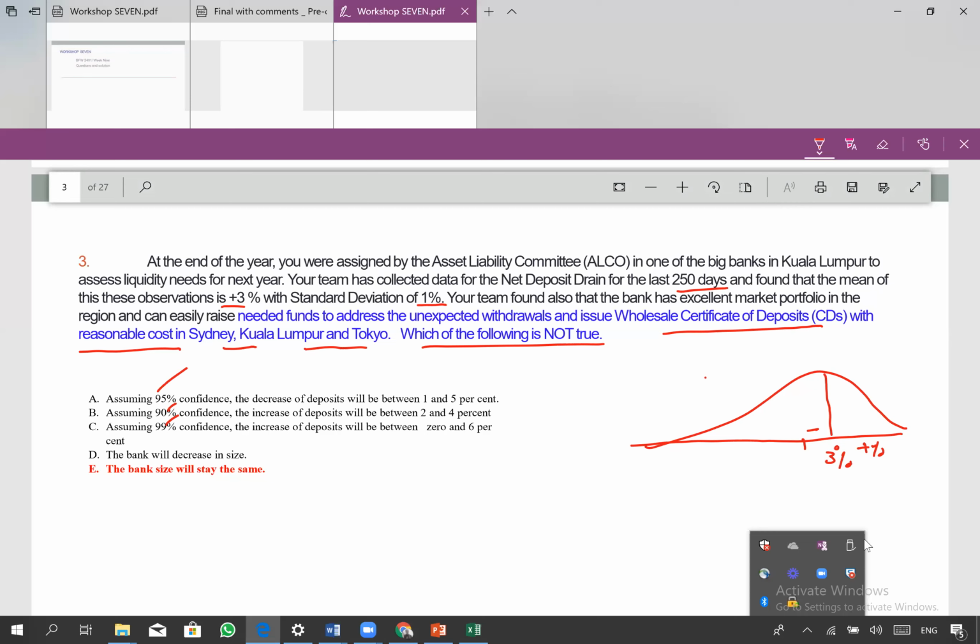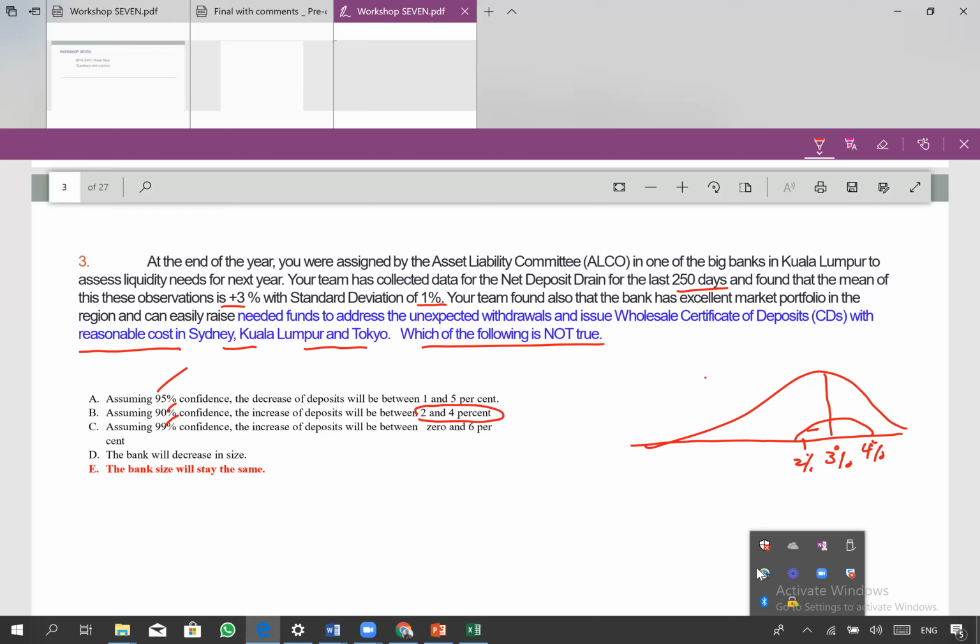So this becomes 4% and this becomes 2%, which means it would be between 2 and 4. That is correct. It's not correct because I can actually impact this one. If I'm not raising anything, then in this case, I can see the increase of deposits will be between 2 and 4.